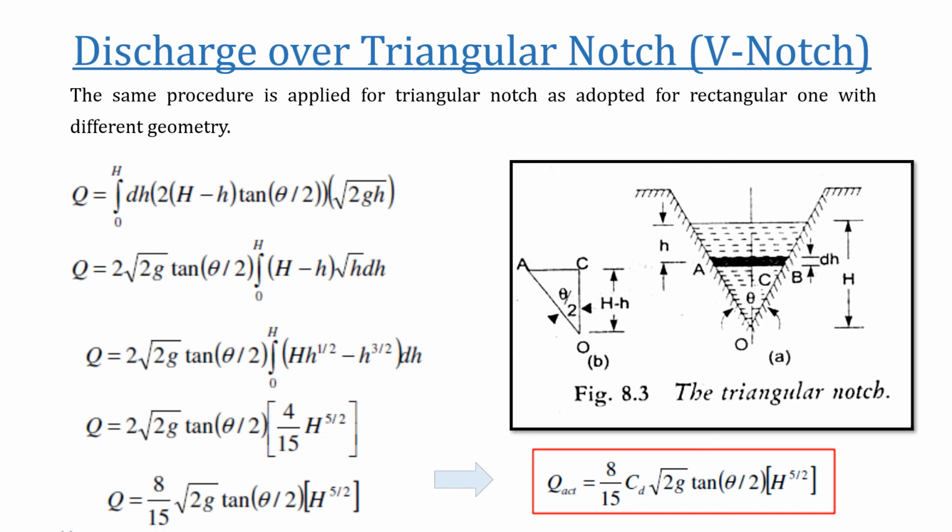So now simply take the integral, and the limits will be from 0 to H, taking the constant outside, 2 under root 2g tan theta by 2, and then simply integrating, applying the limits, you will have the final expression. For actual discharge, you also have to multiply by Cd. So it is 8/15 Cd under root 2g tan theta by 2 H^(5/2).